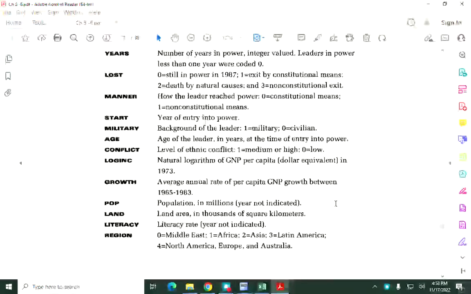And land area, by the way, do you guys think this kind of study will be useful if your company wants to invest internationally? Well, I'll give you another example.